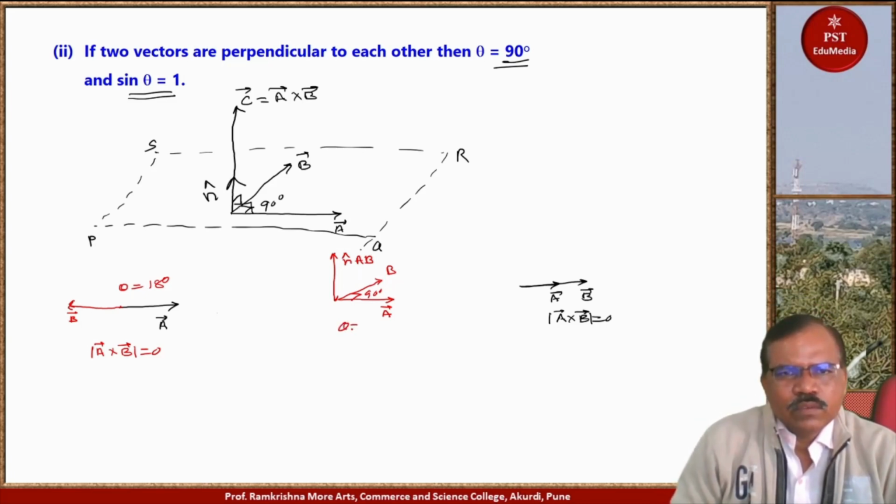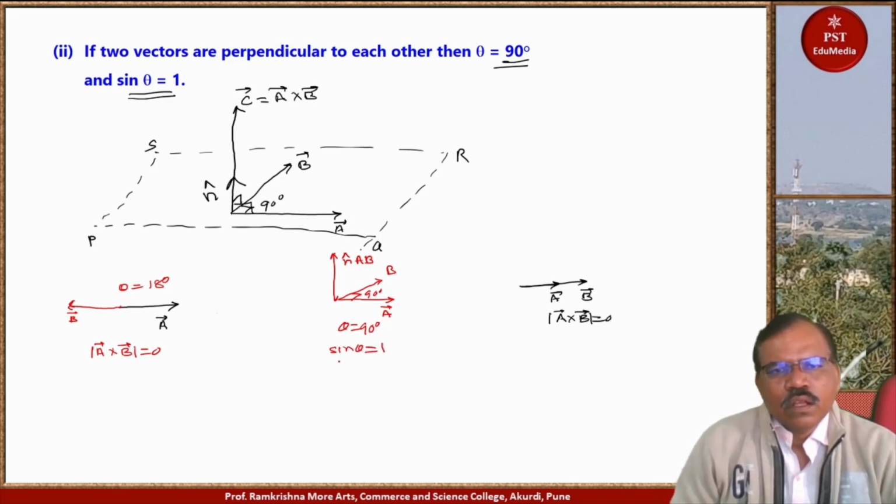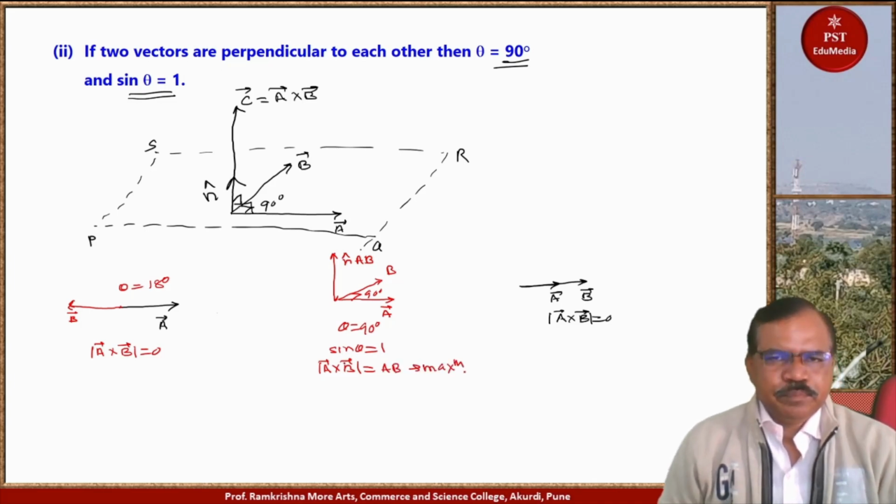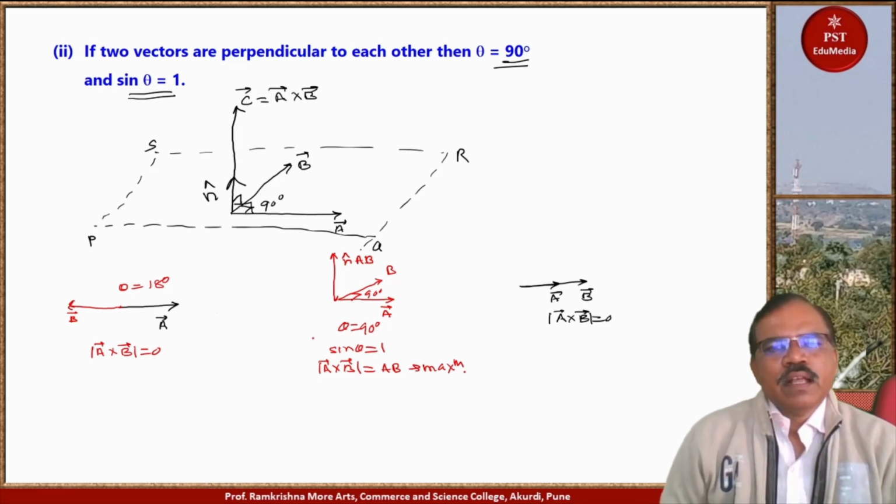Here theta is equal to 90 degree. Sine theta is equal to 1. So here magnitude of A cross B is AB, and this is maximum.